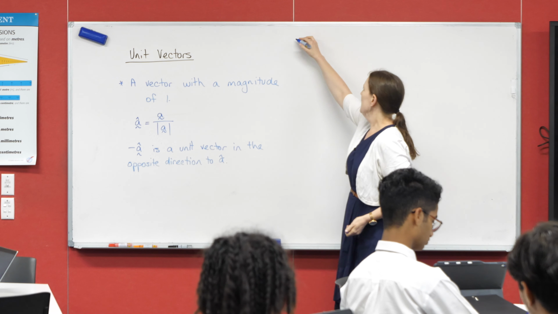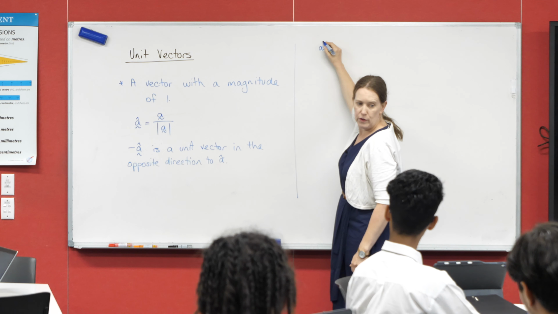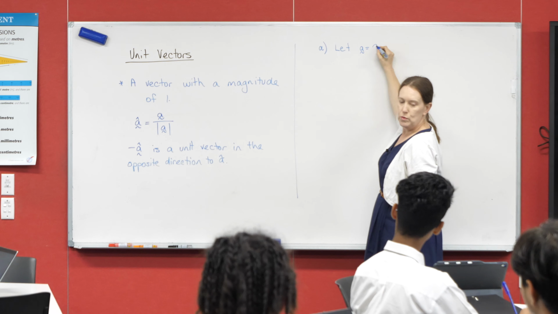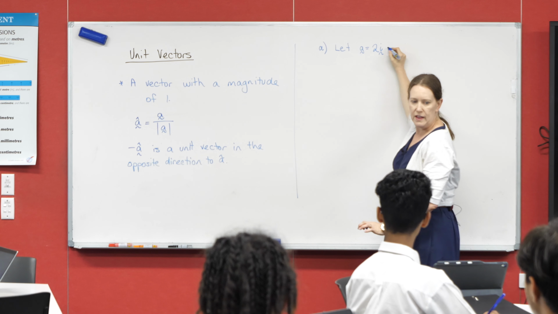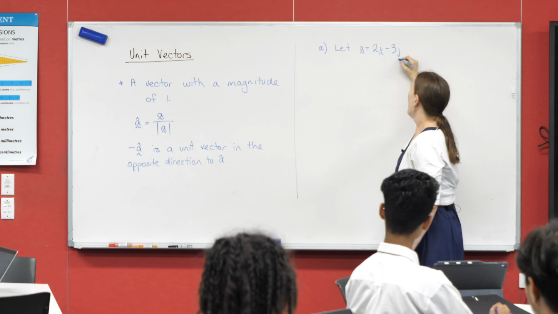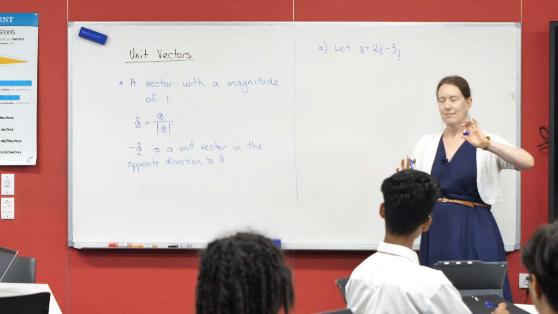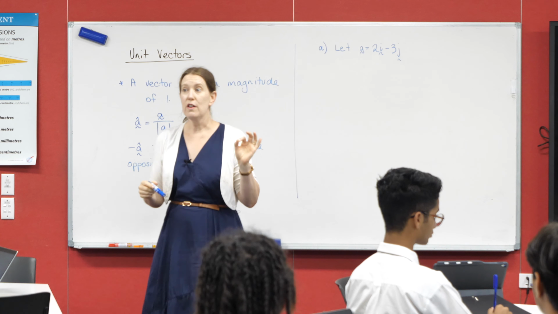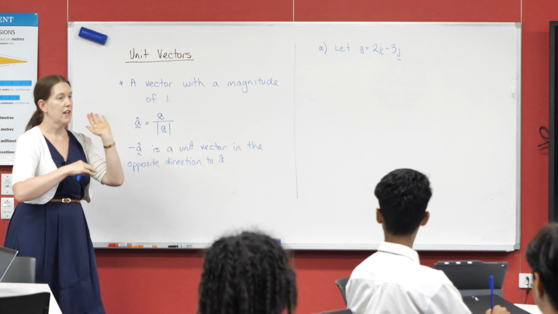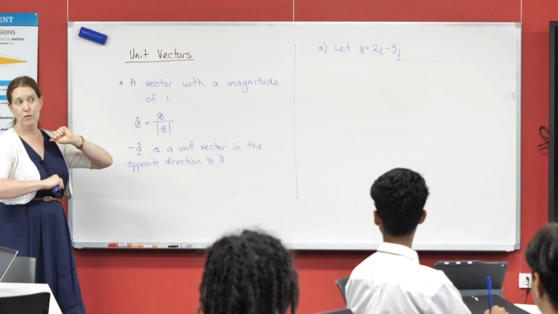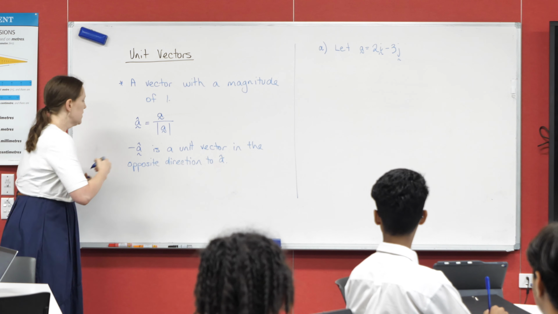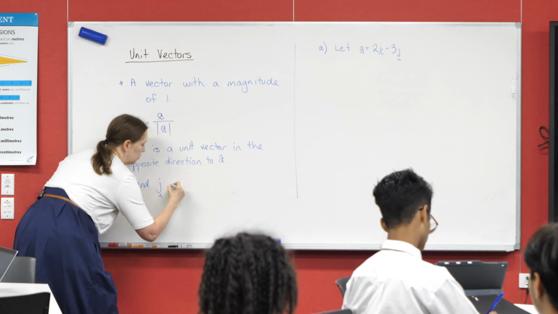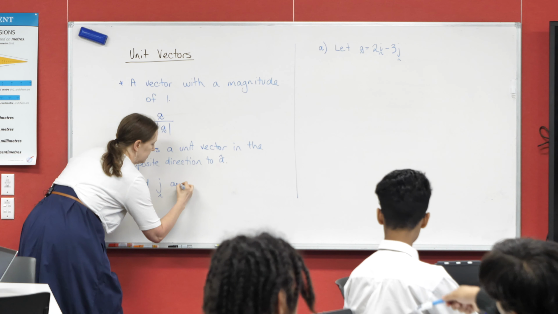The first one I want to work through is, let my vector A equal 2 times, oh sorry, I and J, that's the bit I hadn't done, are by definition unit vectors in an orthogonal direction. Now, orthogonal is a fancy word for perpendicular. So we've been dealing with 2 very special unit vectors.